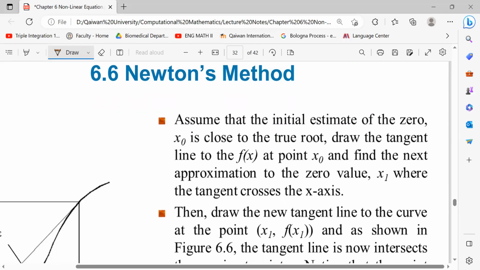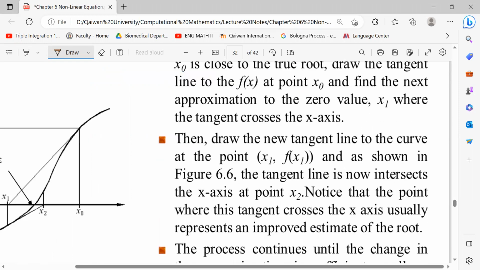In secant method, we need 2 points to get the third one, and then the last 2 points to get the next point, and so on. Then for Newton's method, we just need 1 point. It works on only 1 point.